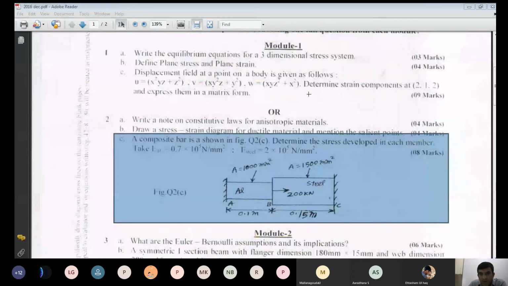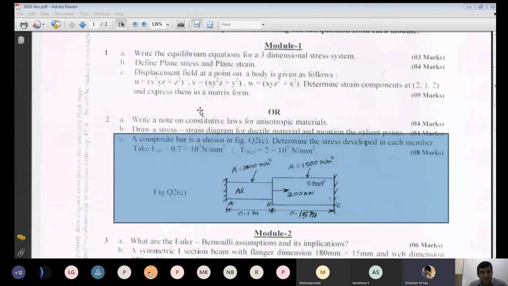Due to the external applied load of 200 kilonewton at the junction, at the support A, the reaction is opposite to the applied load. I think the arrow mark is visible. 200 kilonewton is the external applied load, but the reaction is not 200. If you write 200, it's wrong.